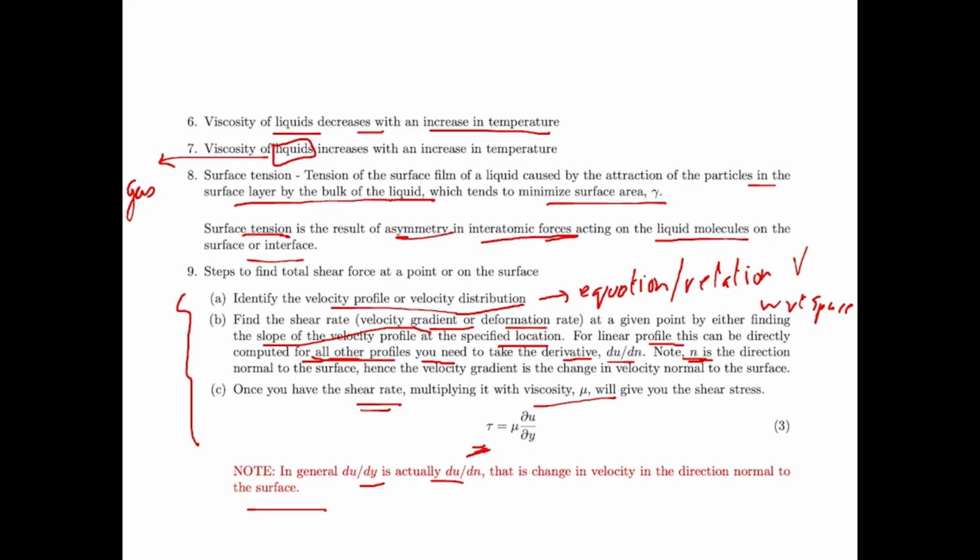So when you see this relationship du dy commonly being mentioned for Newtonian liquids, in general, it means du dn. They just go with a simple problem of a Couette flow with the flow in the x direction, and that's the result. They use this relationship.